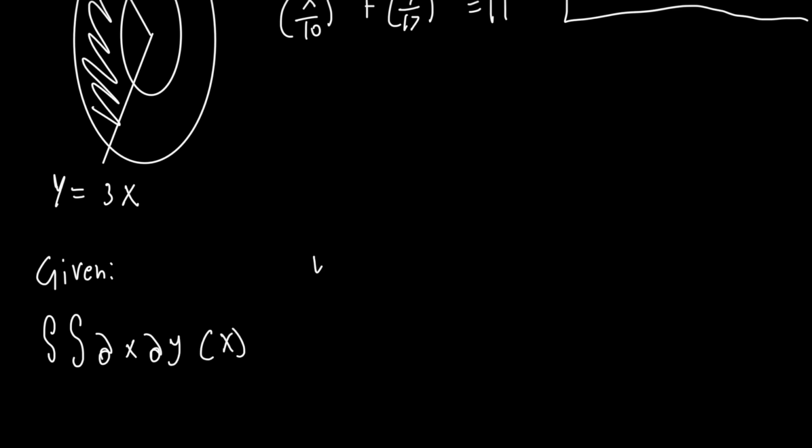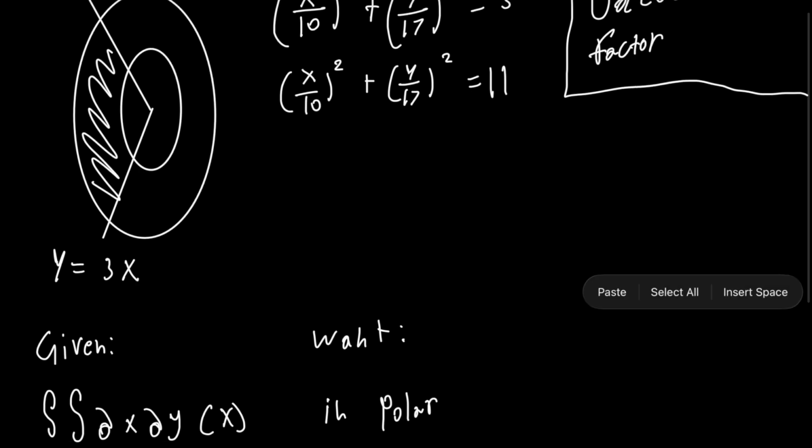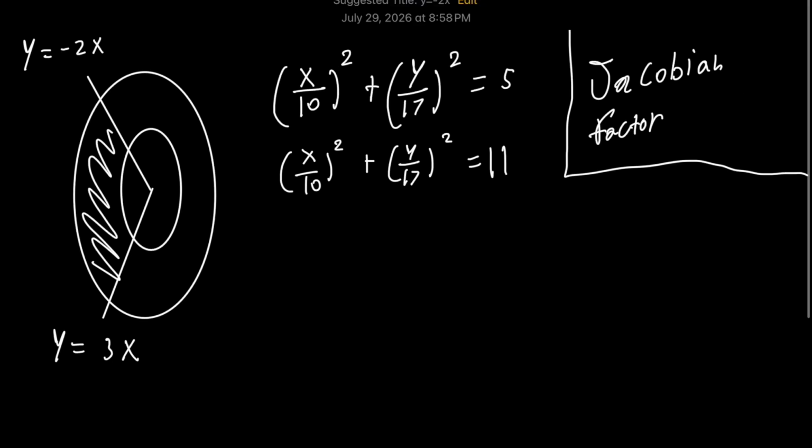Already off the bat, we already know this is an ellipse. So let's fix this. How do I want to make this into a circle? The first thing that comes to mind is, let's make this into a circle.